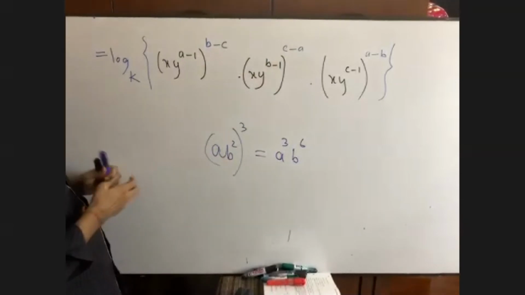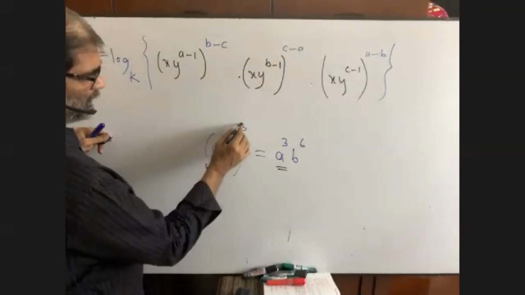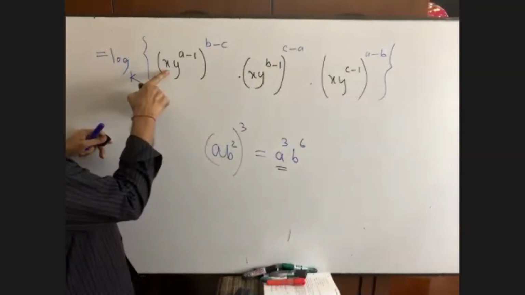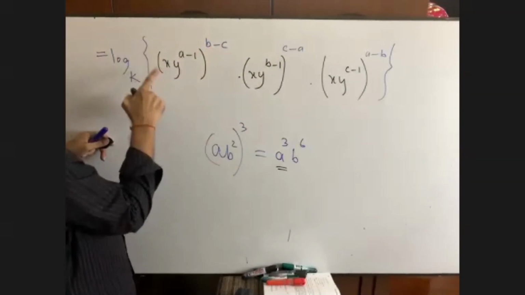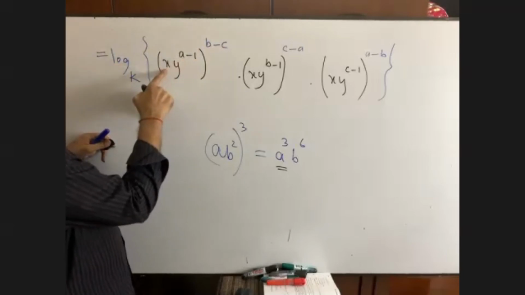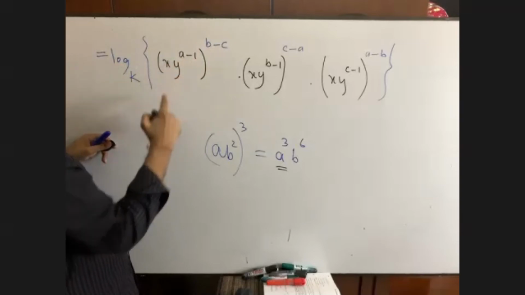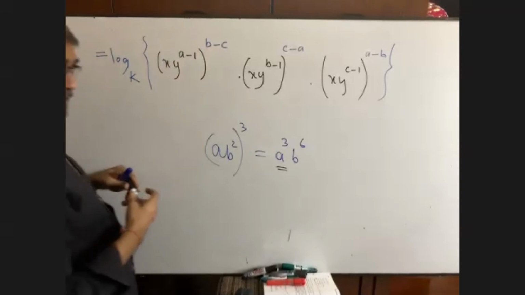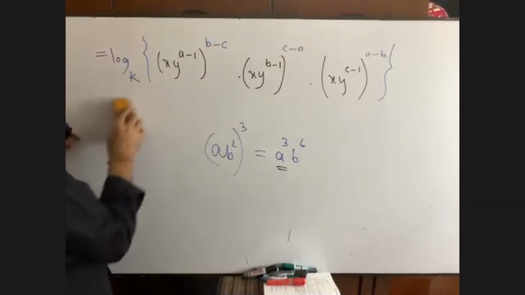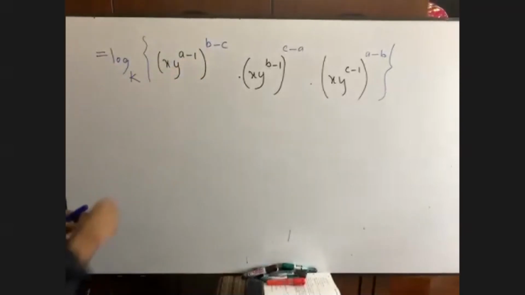So here power of x is only b minus c. Don't be confused: a minus 1 is not the power of x, a minus 1 is the power of y, okay? But normally the students, also the teachers, have a tendency to give this a minus 1 as the power of x. So please be attentive and be alert here.